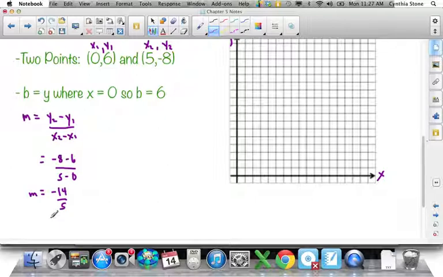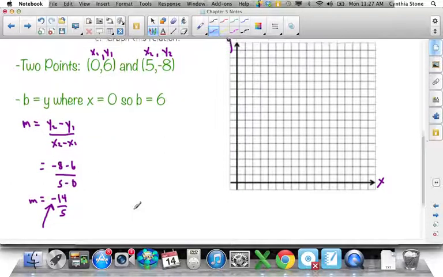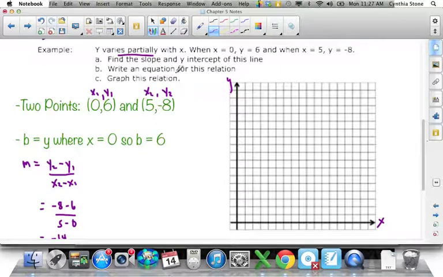But I think what's important to notice is that it's negative, because that's going to change the look of my graph. Okay? And what other information do I have? The y-intercept, right. The y-intercept is the y value where x equals 0.